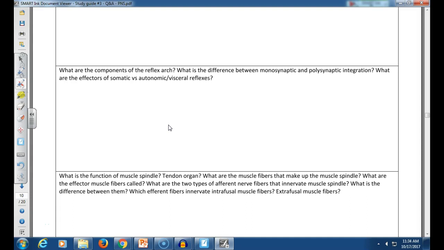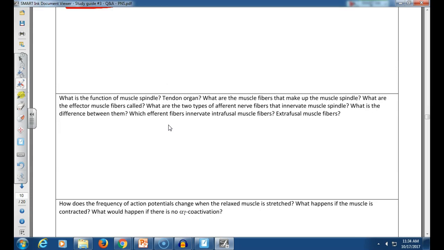Does that make sense? Know the differences. The difference in effectors, and from the standpoint of number of motor neurons, in visceral you have two motor neurons, right? Preganglionic, postganglionic. In somatic you have one. Does that make sense? Okay.